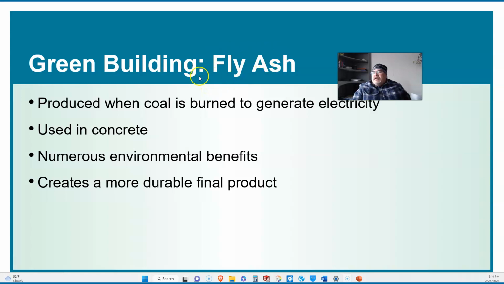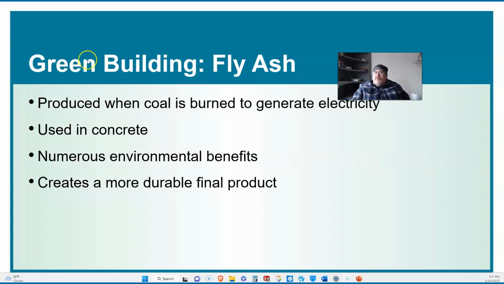So fly ash has been found to be used in concrete, and it provides environmental benefits. It creates a more durable final product. So where you'd have some sort of waste now has a use in a process of making concrete more durable.